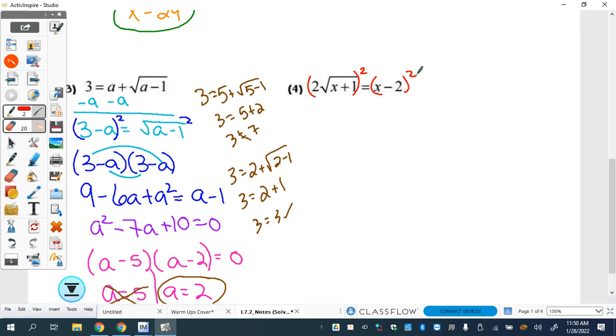But when I do go to square that, I am going to square that 2 out in front first. That does get squared, so that would become a 4. And then it's times the stuff underneath the radical. Over here, this would become x squared minus 4x plus 4.